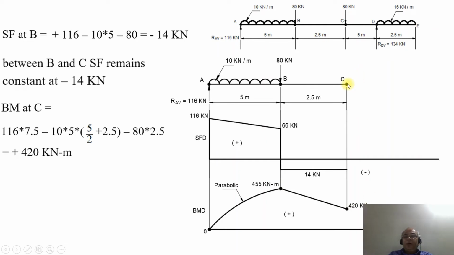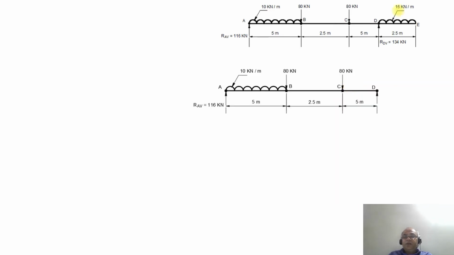But now when you are considering the point load at the point C, which is 80 kilonewton acting downwards, and also from C to D, where at the point D you have a vertical reaction, RdV equal to 134 kilonewton. Once you apply that, see what happens. Shear force at the point C will be equal to minus 14 minus 80, which becomes minus 94 kilonewton.